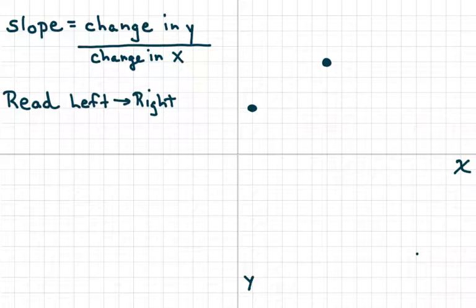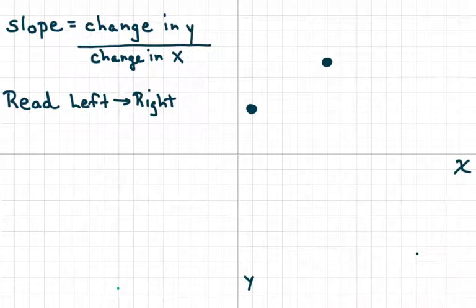So if I want to look at the slope between these 2 points, and I'm not going to label the points yet, I don't care for a minute what they actually are, then I start at this leftmost point and I count how I get to the next point in terms of x's and y's.